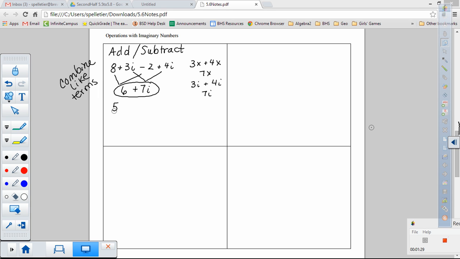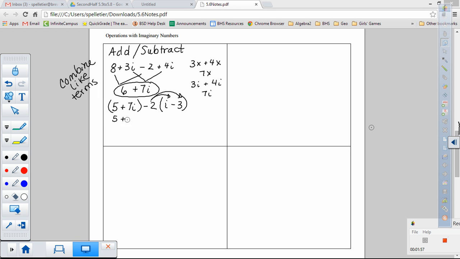Maybe I do 5 plus 7i minus 2 times i minus 3. Maybe that's what it says. So here I have to do some distributing. I have a negative in the middle of my parentheses. Anytime there's a negative in the middle of the parentheses, you need to distribute it to the inside of the second parenthesis.